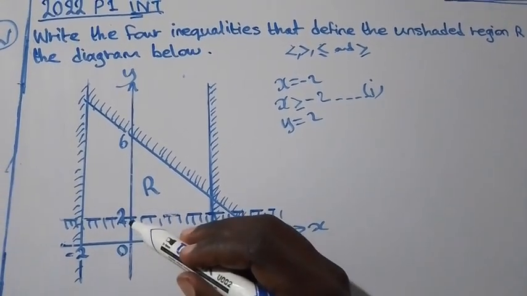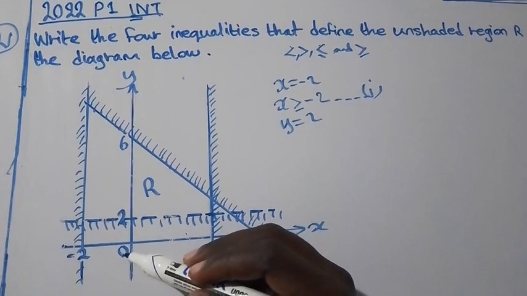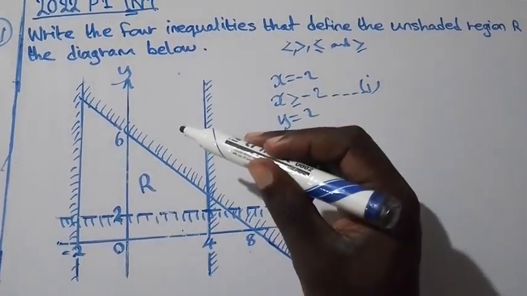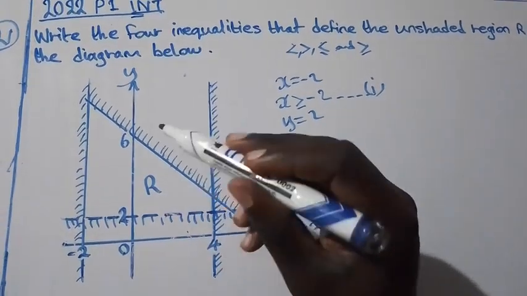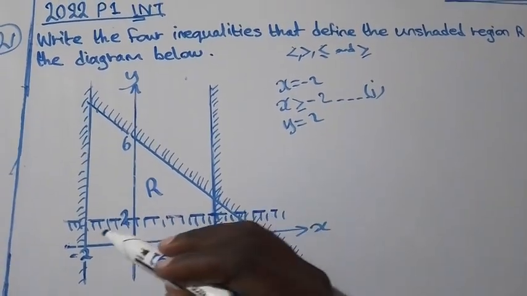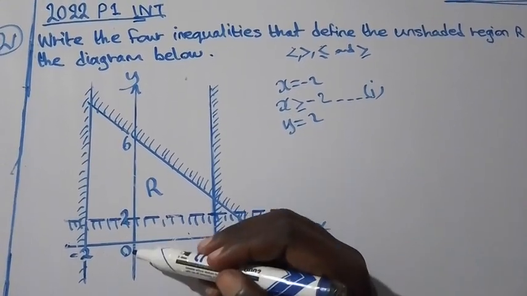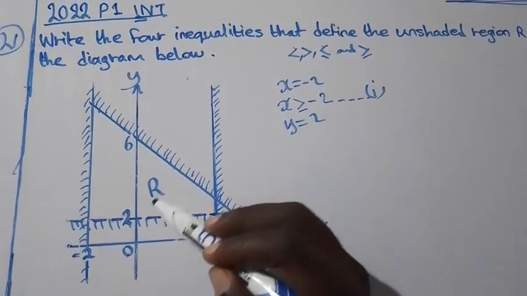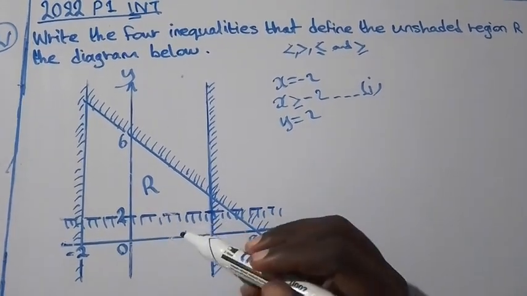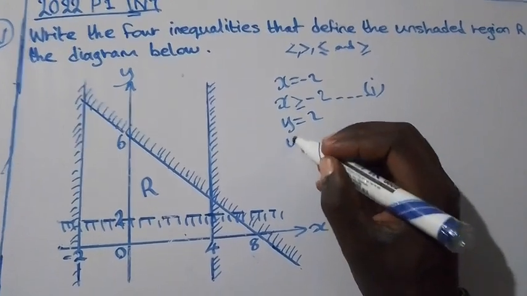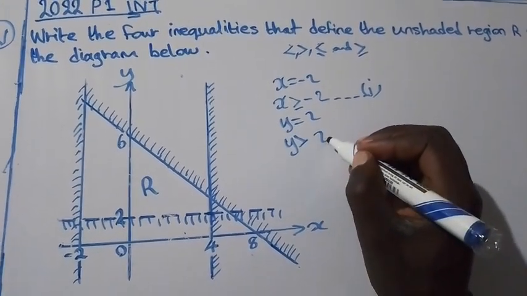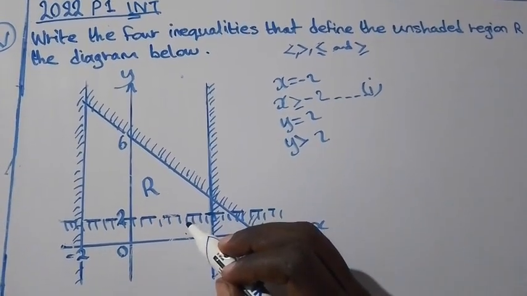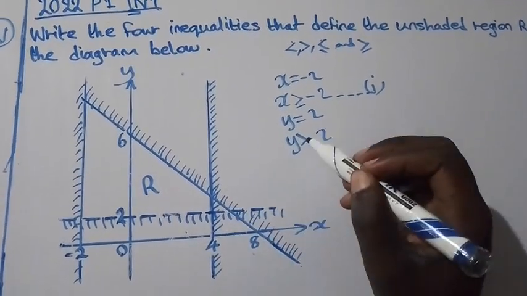Since they have shaded the lower boundary and left the upper boundary unshaded, it means y is greater in this inequality. So we'll say y is greater than 2. And this is a broken line, so there is no need of adding a bar beneath.